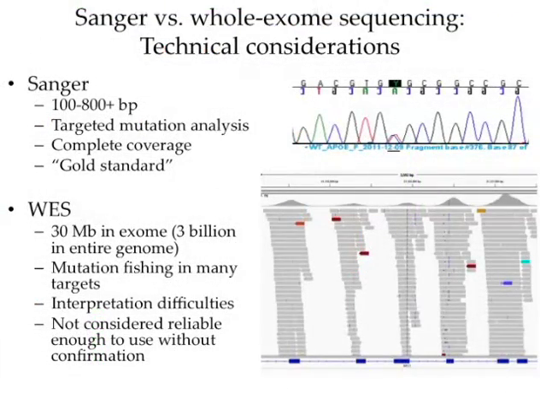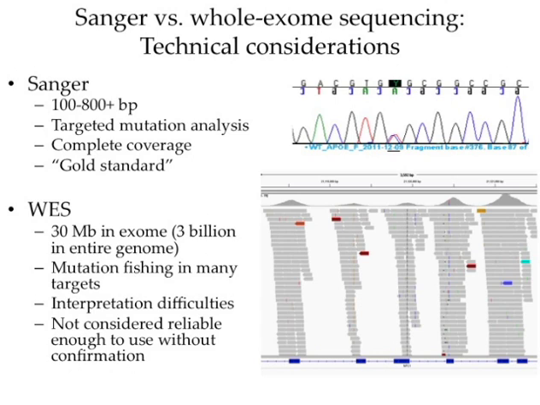If we look back to contrasting Sanger sequencing, our traditional sequencing, with whole exome sequencing, running a Sanger sequence can give you about 100 to 800 base pairs. It's very good for targeted mutation analysis if you know exactly where to look and which gene to look at.